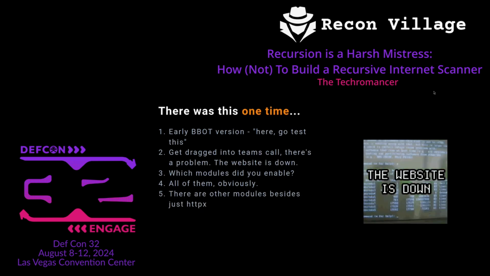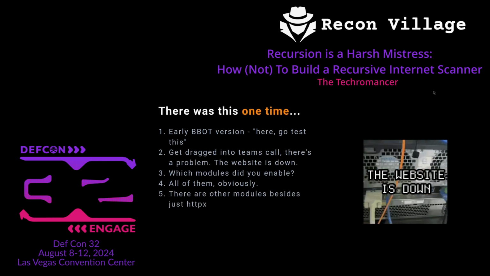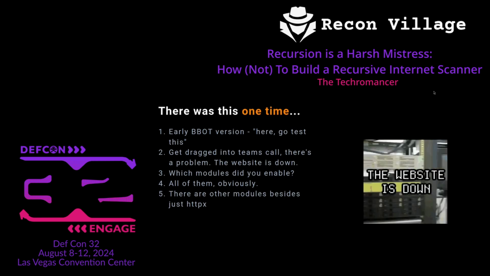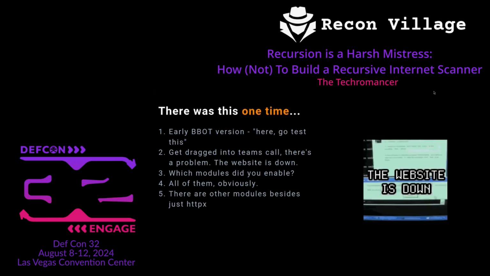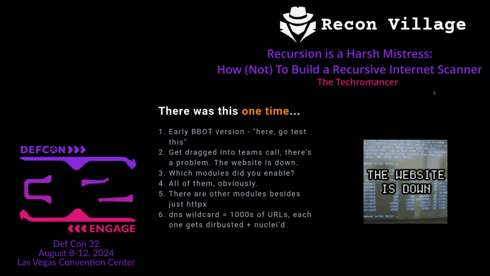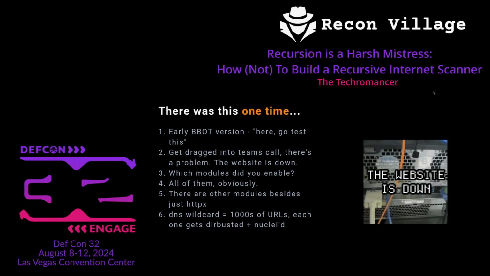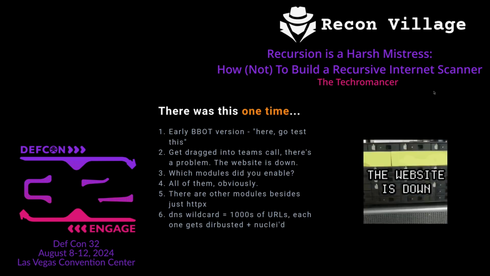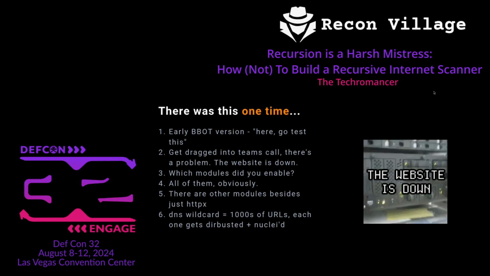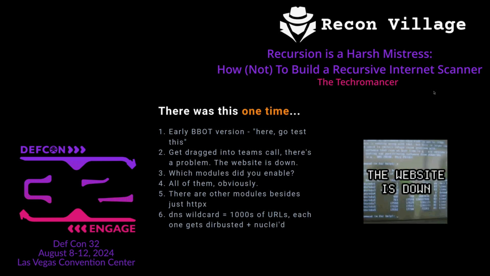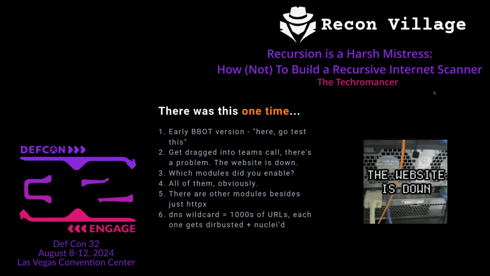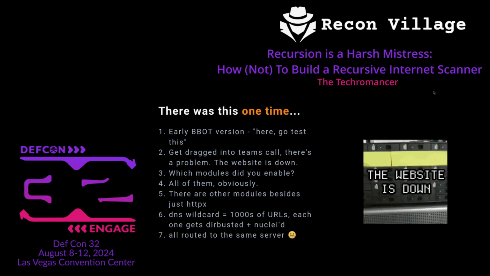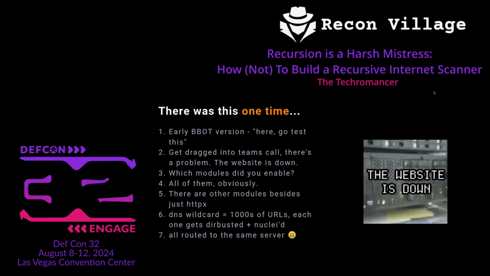There are other modules besides just the web module that visit websites. For example, we have a nuclei module, which does vulnerability scanning. What happened, and this took some investigation, is that there was a DNS wildcard, there was a bug in BBOT that failed to detect the wildcard, and then we had 1,000 URLs, and each of those URLs was getting nuclei run against it, but because they were a wildcard, they all just brought it back to the same server.